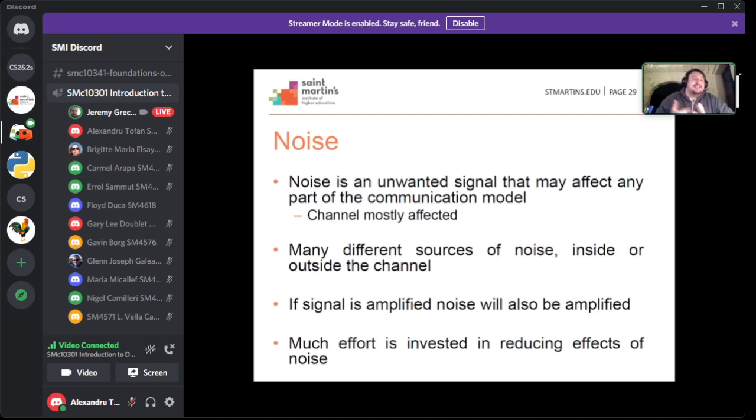Now, the probability is that you are not going to be making use of that internet signal 100% of the time. You will probably be using it in fractions. You're going to be using a fraction of that connectivity at any given point in time.